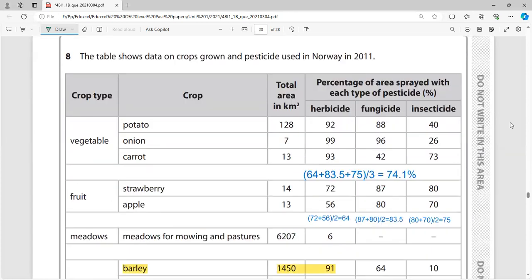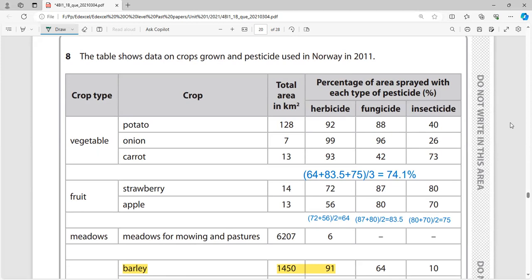And in the next question, there's table data as given there. The table shows the data of crops grown and the pesticide used in Norway in 2011. The crop types given there are vegetable, fruit, and meadows. So here in vegetable, the value is given there for herbicide, fungicide, and insecticide.